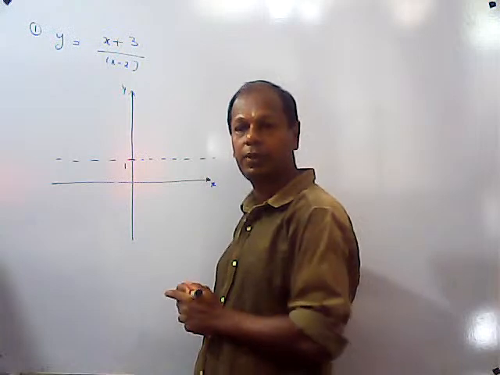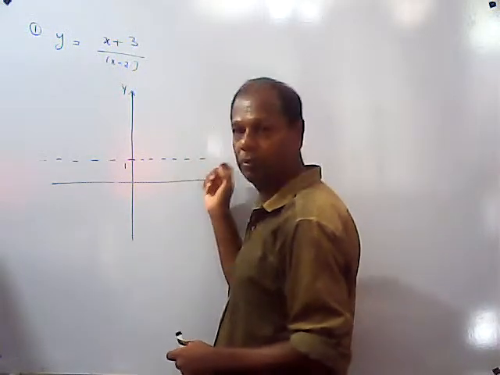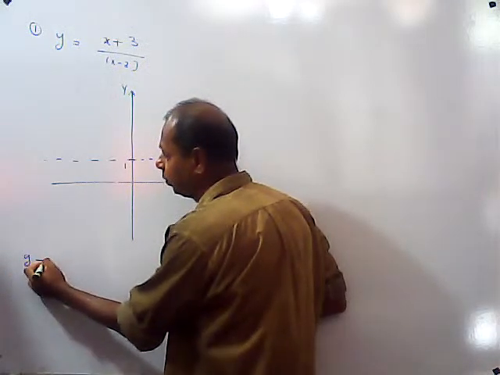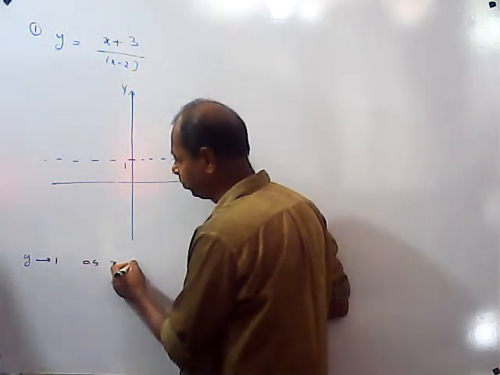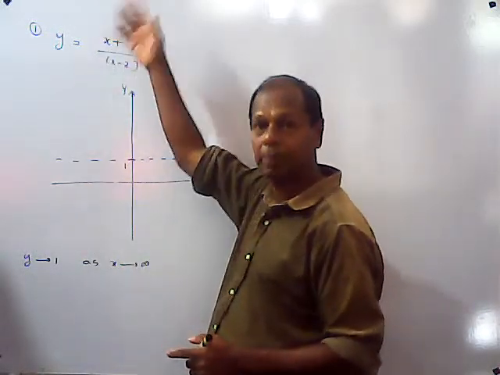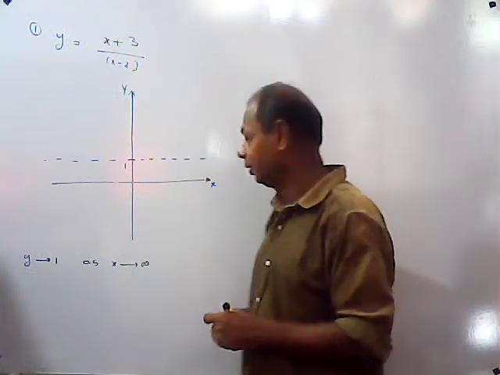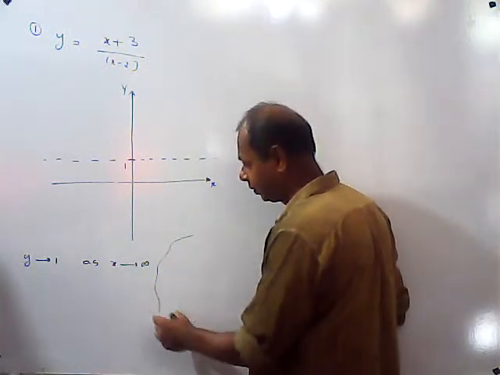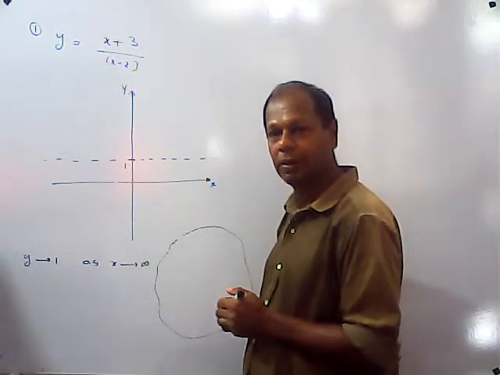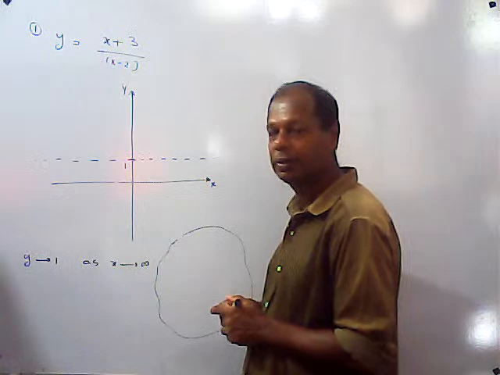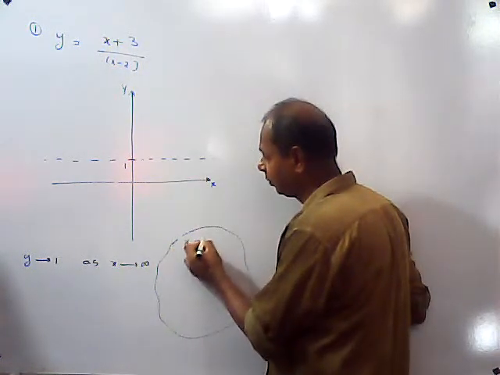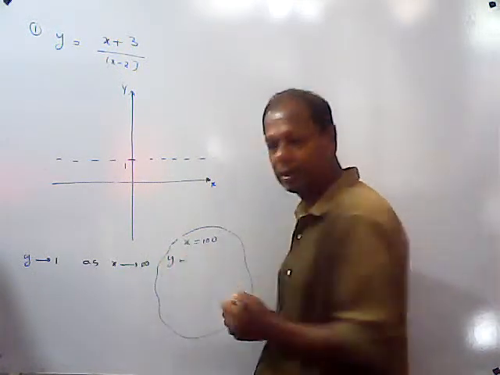But to find whether it is going from above or below: y will go to 1 as x goes to positive infinity. It's not a standard method, but you can find it by applying some big value for x, something like x equals 100.